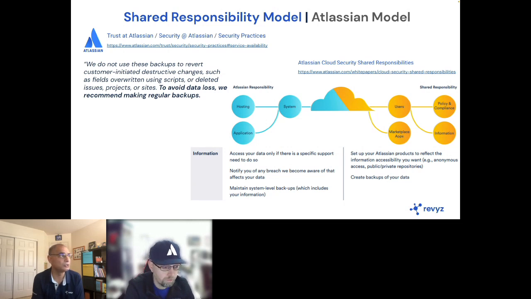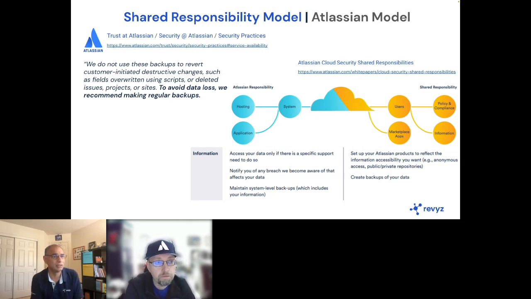They do not use the backups which they take from an infrastructure perspective to revert back any data loss which you may have. Again, this is clearly documented in the shared responsibilities document, as well as the security practices Atlassian follows.